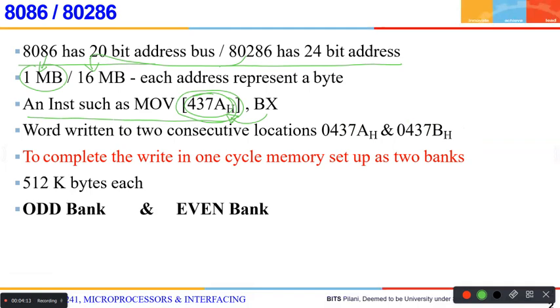A 16-bit content has been put into the offset address, right? Now, how is the word written? Suppose you are trying to transfer a 16-bit content to the address 437AH. How does it store this 16-bit content?